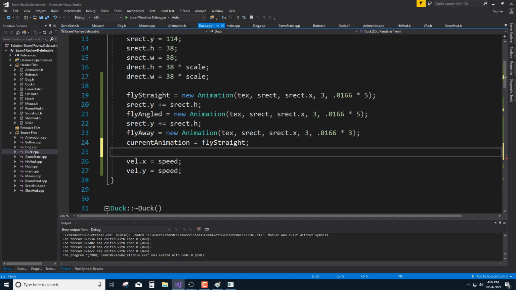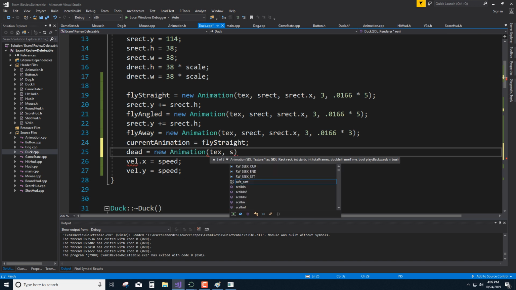And then in the CPP, we'll say dead equals new animation with our texture, our source rectangle. What's the 3 for? How many frames? Yeah, so there's just one. And then this last number, it doesn't matter.